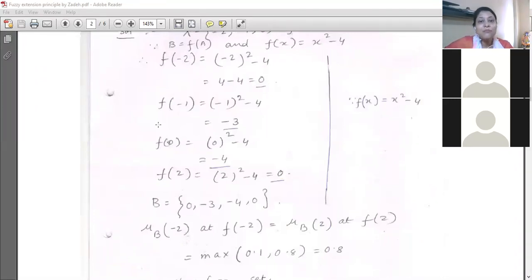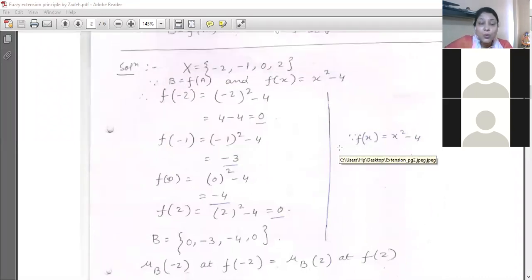So for the separate cases, we find f of -1, that is (-1) square minus 4, which gives -3, and f of 0 gives -4.